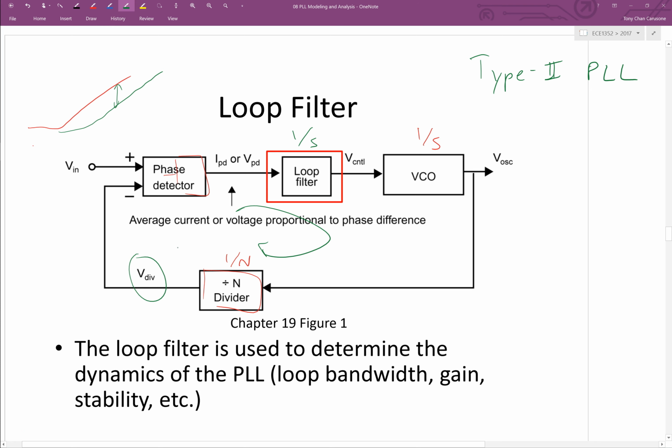But we already know that if we have two integrators in a loop and a bunch of gain, that's 180 degrees phase shift, it's not going to be stable, right? So then we've got a problem. The way we fix that is we also, at the same time, introduce a zero very cleverly in just the right place so that we stabilize this thing. So that's the basic design philosophy for the type 2 PLL.